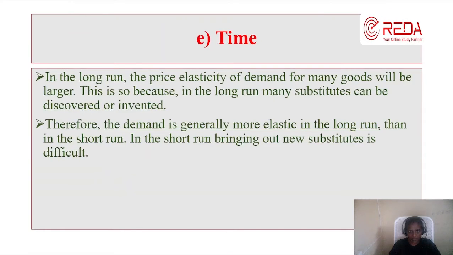So these are the various determinants which decide the elasticity of demand, whether the price elasticity is elastic, inelastic, or remains constant. It depends upon the factors we have seen.